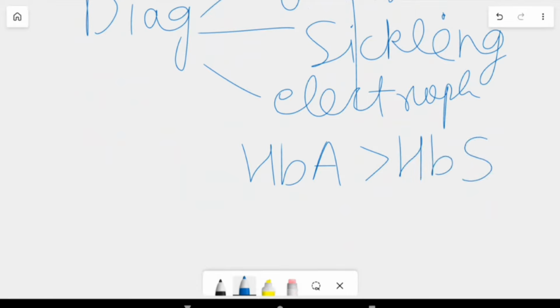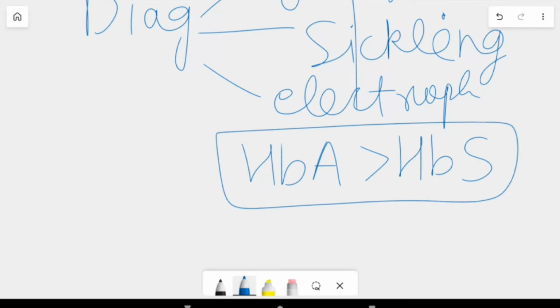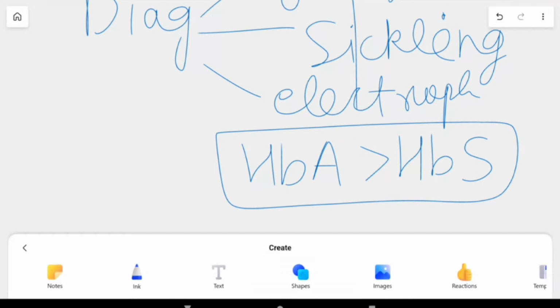If we look at the representation after performing electrophoresis, and a person has HbS, we'll see a band before the HbA band forms, and we'll get to know that the person might have sickle cell anemia.